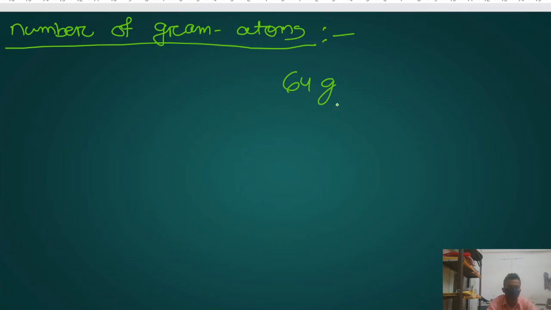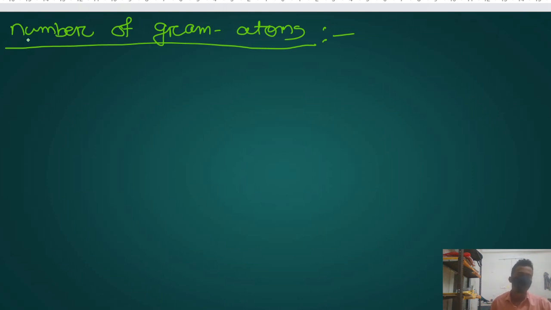Let's suppose you are given 64 grams of oxygen, and it is asking how many oxygen atoms are present in this. That is the number of gram atoms. First of all I will write the formula for the number of gram atoms, and after that we will calculate.